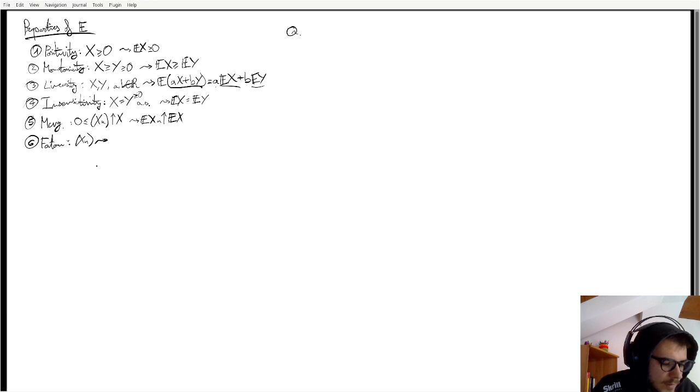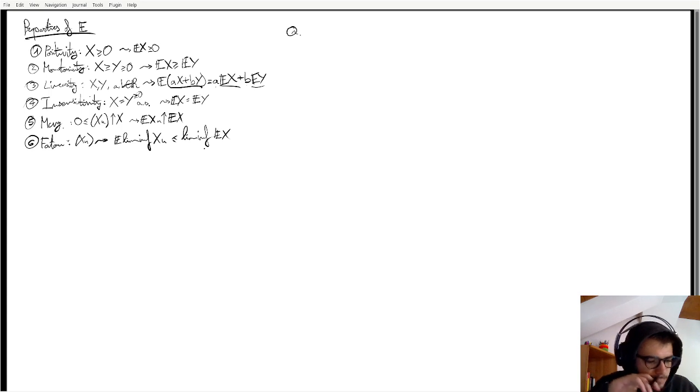Well, it should have a limit x, but the expectation of the lim inf is less than the lim inf of the expectation. Okay, so here we don't even have a limiting variable x.